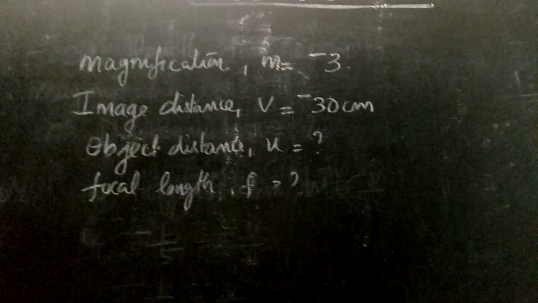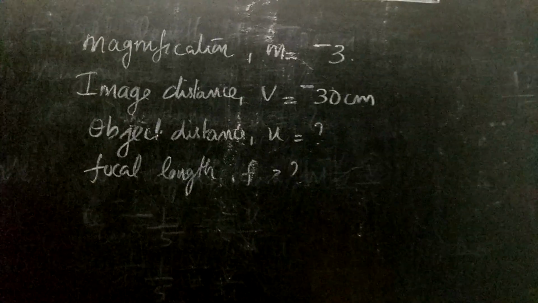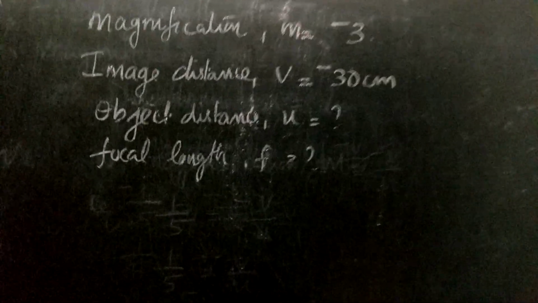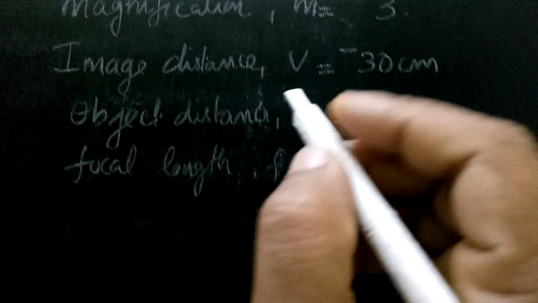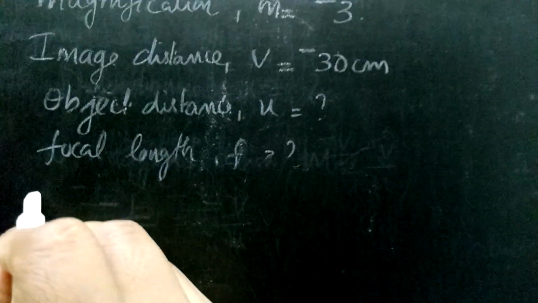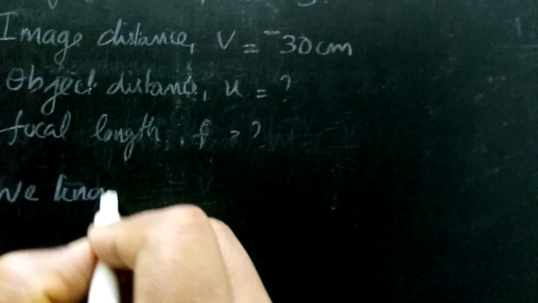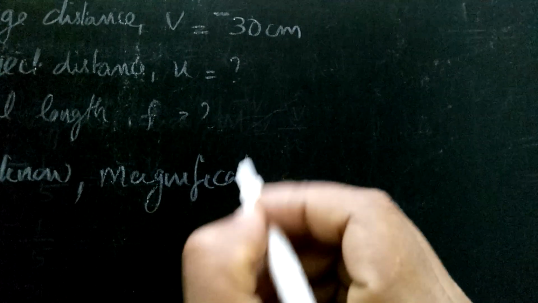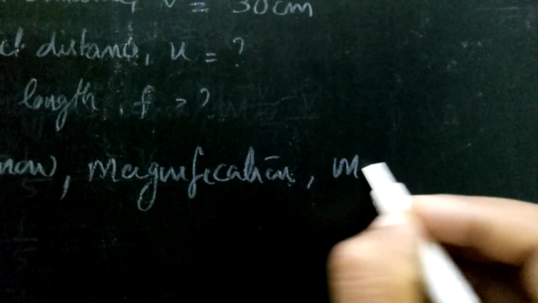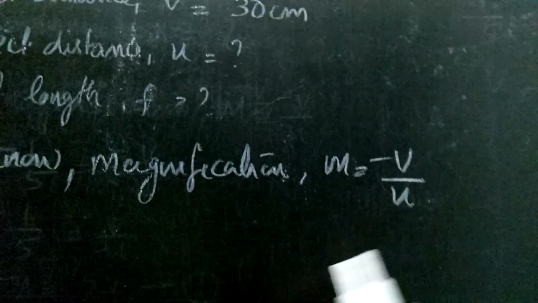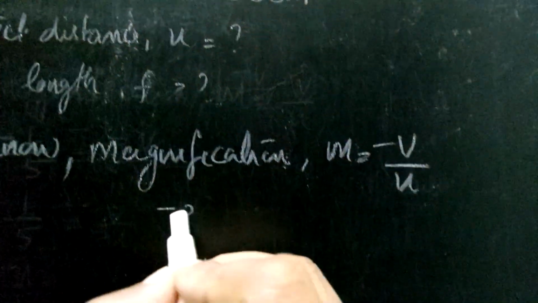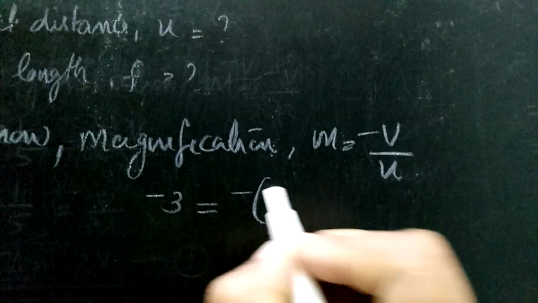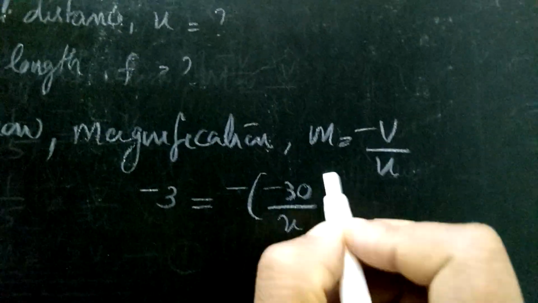Okay, now we have to find object distance u and focal length f. So first you have to use the magnification formula. So we know magnification m is equal to negative v by u. Okay, so negative 3 is equal to negative of negative 30 divided by u.